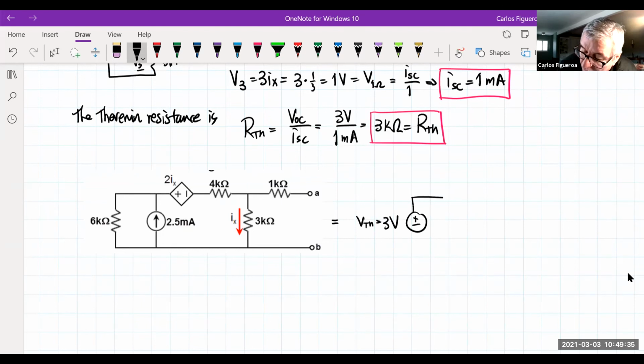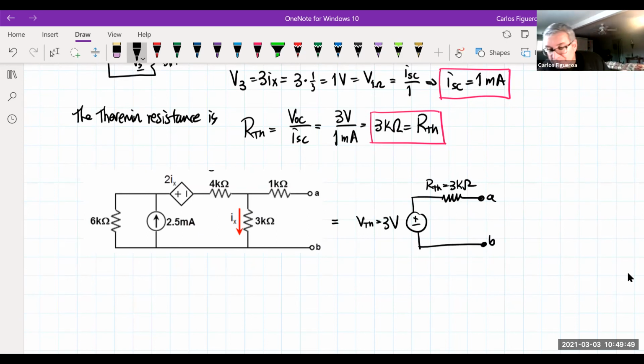I have RTH, which is equal to 3K. And this is the equivalent Thevenin subcircuit. And you gotta admit, that's pretty nice. That is a really nice circuit right there.